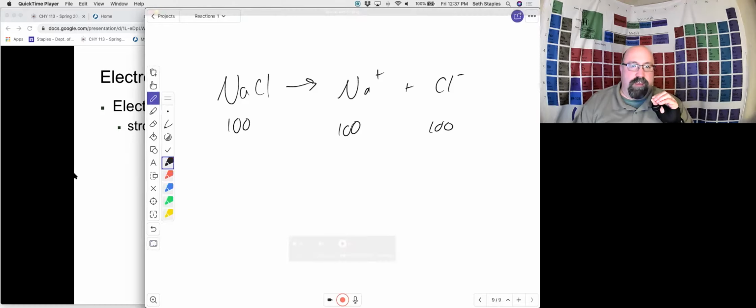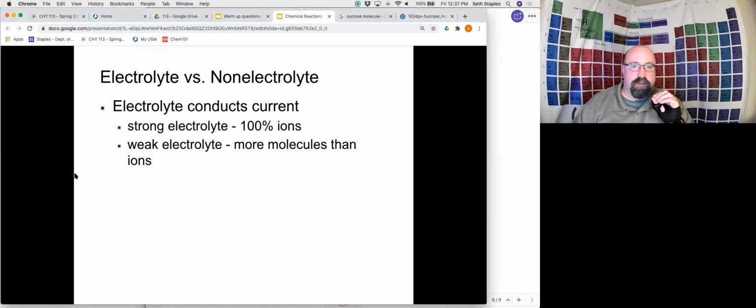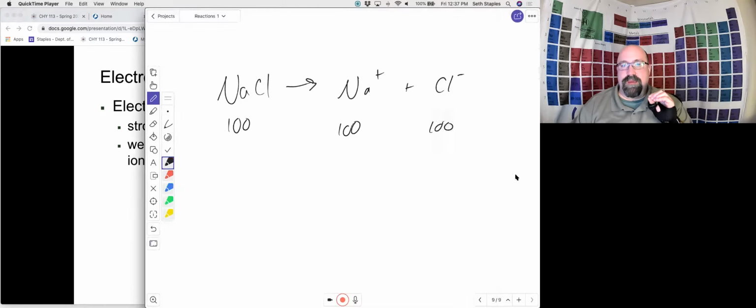Weak electrolytes typically will end up being more molecules than ions. What I mean by that is something like, as an example, acetic acid. Acetic acid is a weak acid.